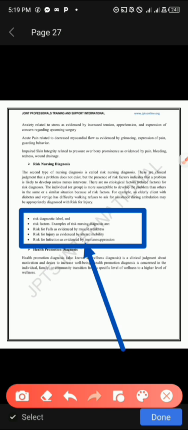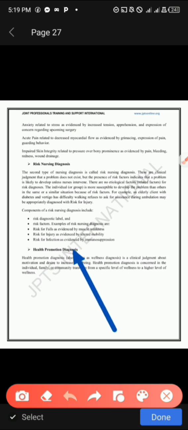Health promotion diagnosis, also known as wellness diagnosis. Wellness is a clinical judgment about motivation and the desire to increase well-being. Health promotion diagnosis is concerned with an individual, family, or community in transition from a specific level to a higher level of wellness.